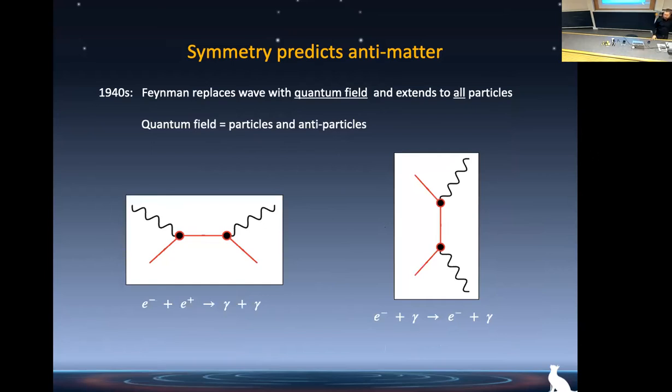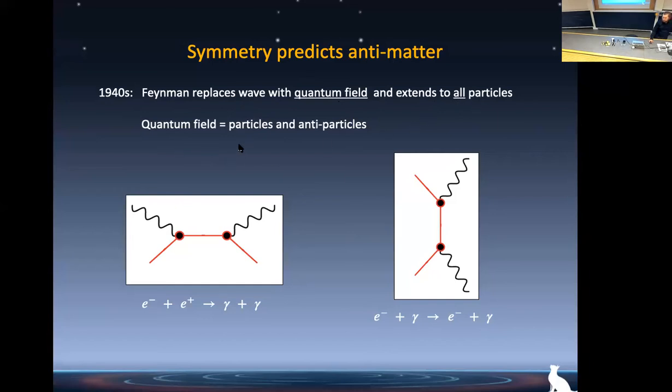To finish this story, sometimes it is not mentioned, but I think it is worth mentioning. Later, when Feynman started developing quantum field theory, so systematizing quantum mechanics in a much deeper way, and again, I send you to watch the lectures that we had, he replaced the quantum waves with quantum fields and extended this idea of electrons and anti-electrons essentially to all particles.